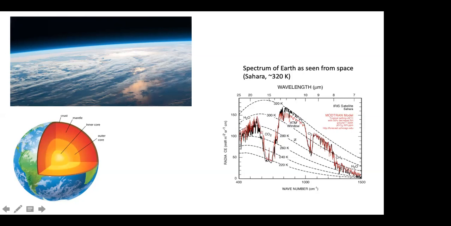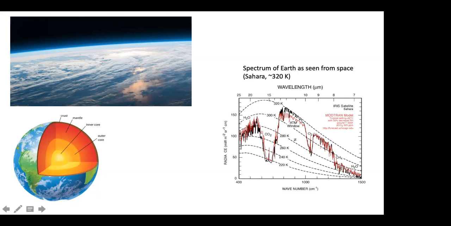And if you look from outside down to this region, the Sahara Desert, you would expect to see more or less the emission of a black body with temperature 320. And this is because you have the solid rock that is heated by the sun, of course, so it absorbs the radiation from the sun, keeps a certain temperature, and emits as a black body, more or less. But this is not exactly what you see.